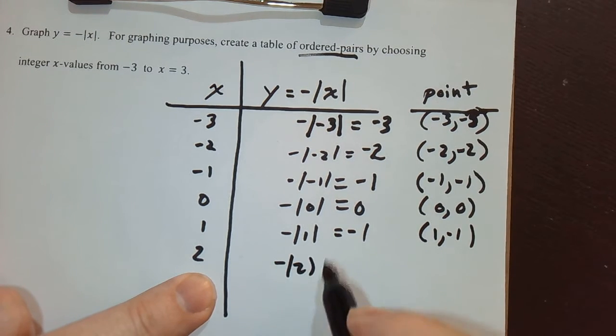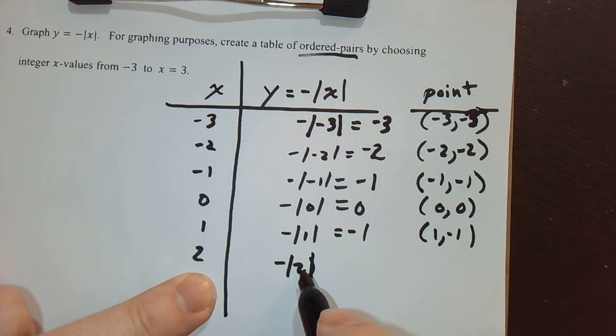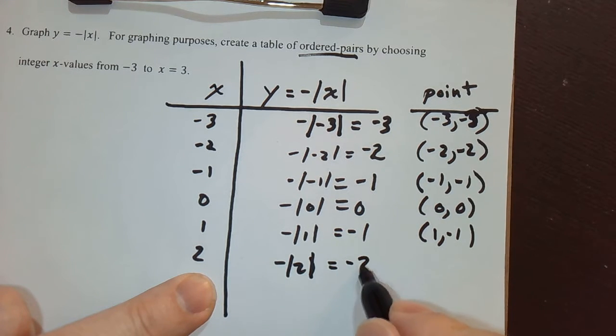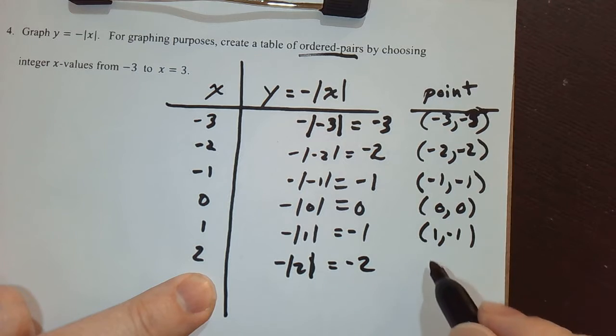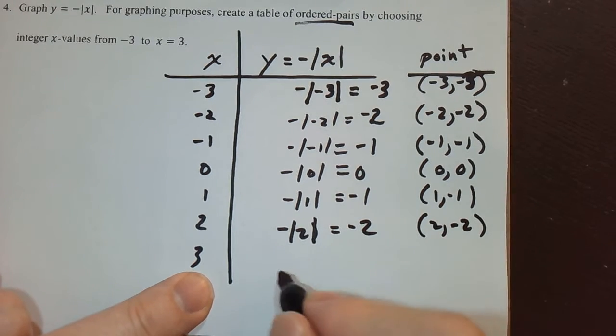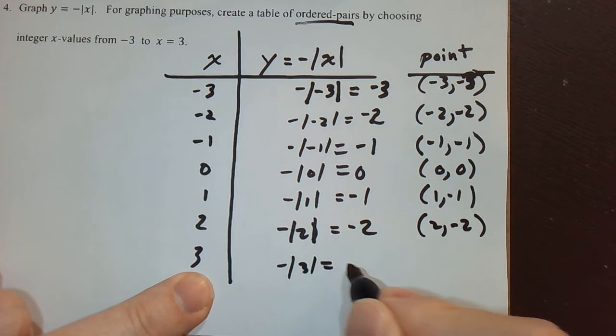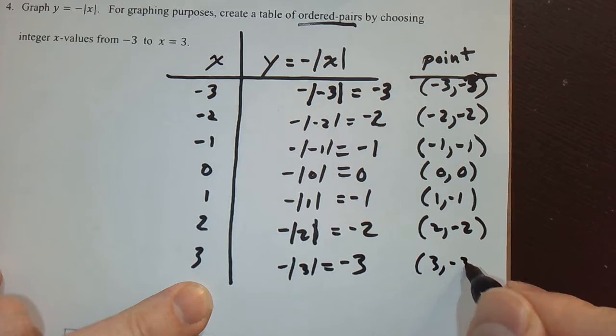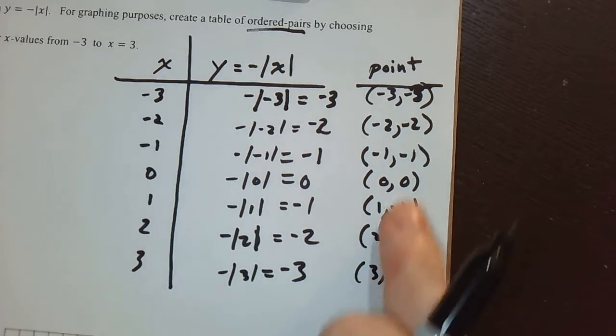Similarly, 2: if you put 2 in absolute value, you get 2, and then the negative sign makes it a -2. So 2, -2. Last point is 3. That's -3. So 3, -3. So that's our 7 points to plot.